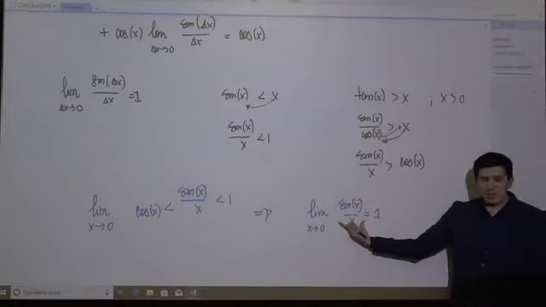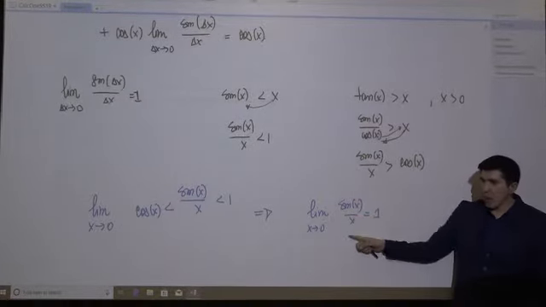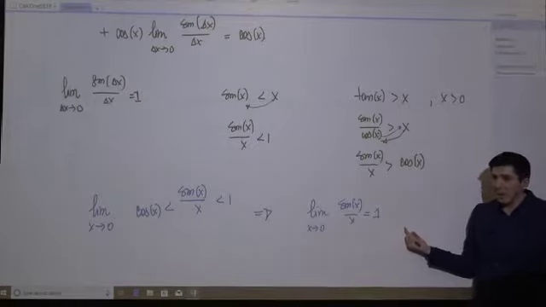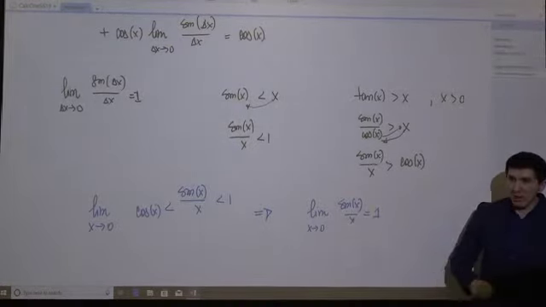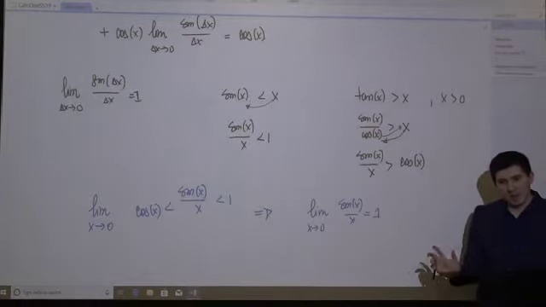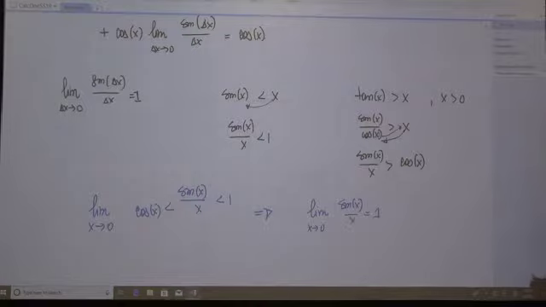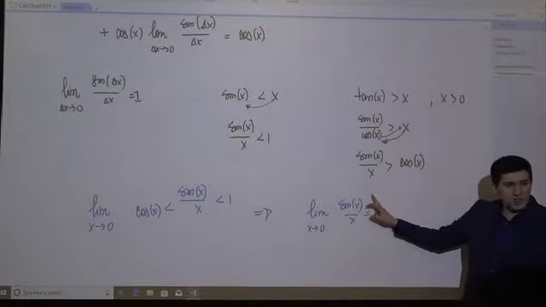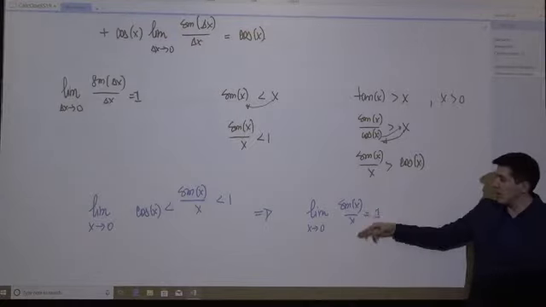So we need to look at them together. When the limit of sine of x over x is equal to 1, it means that they reach 0 more or less at the same time. They reach the destination more or less at the same time. So you need to understand this.